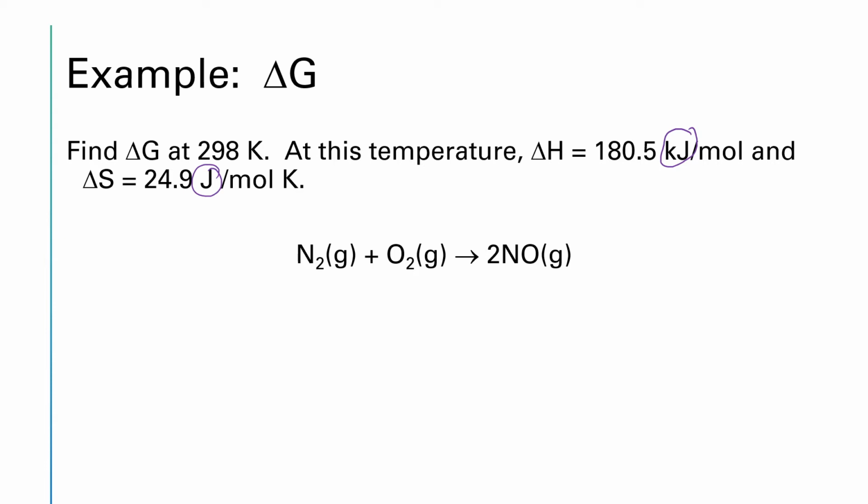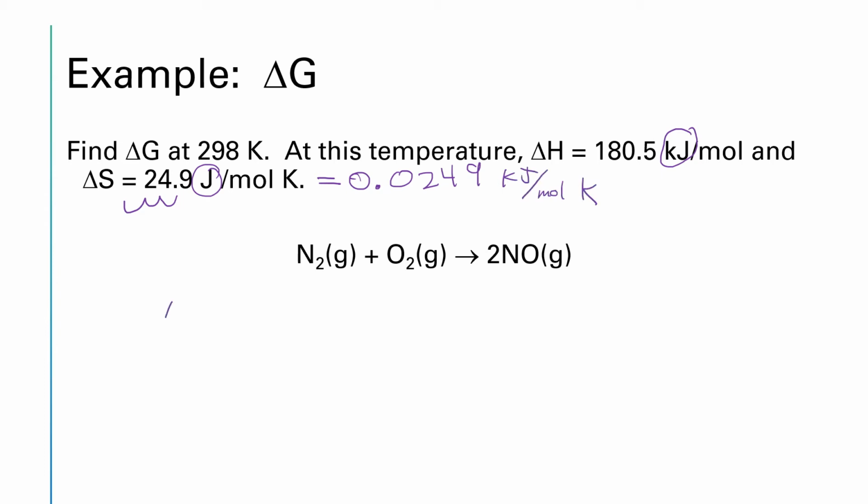And so if we're going to convert this, we need to move that decimal 3 times to the left. 1, 2, 3. So we'll have to stick a 0 in front there. 0.0249 kilojoules per mole Kelvin.